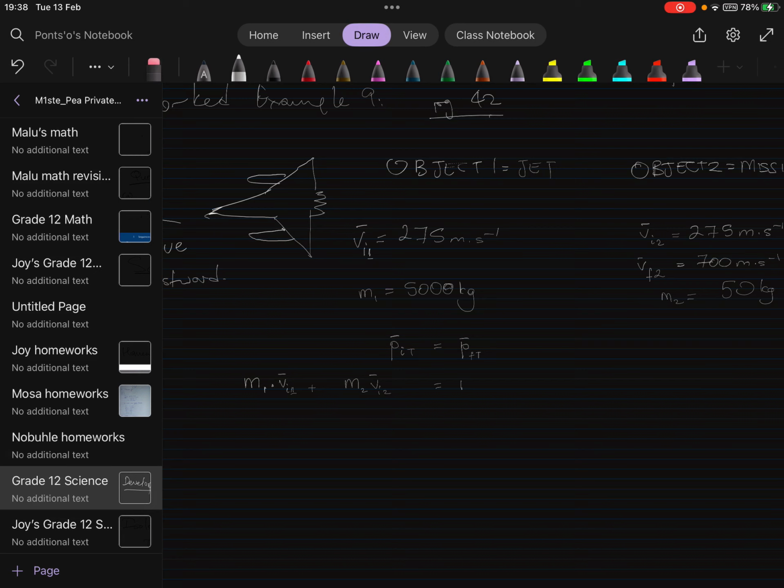So momentum of object 1 plus momentum of object 2 initially equals the second momentum of object 1, and also the second momentum of object 2.